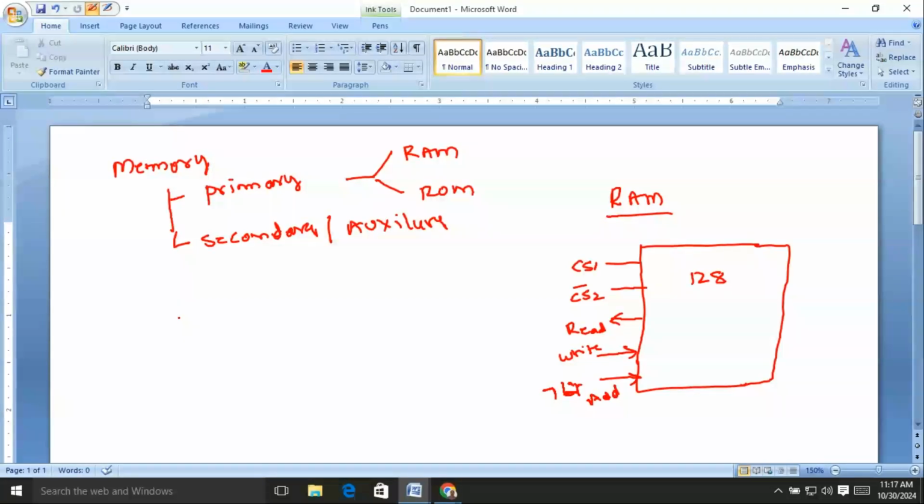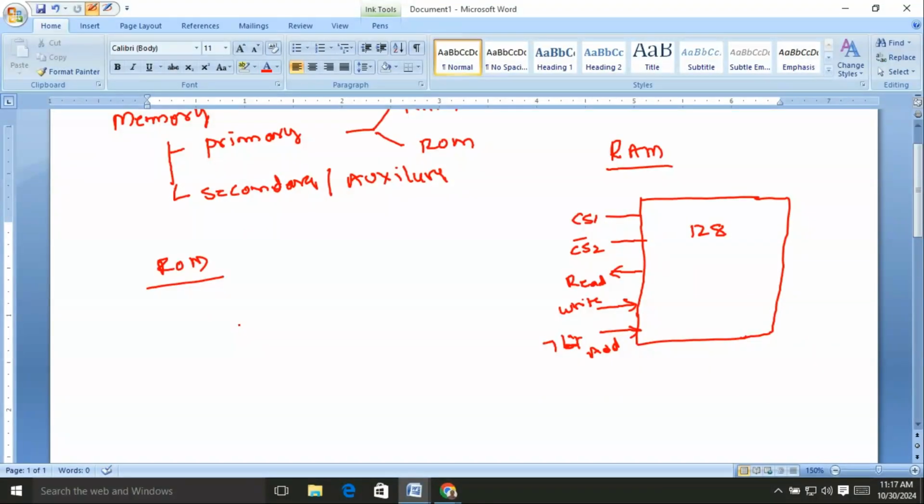Now we are discussing the ROM chip. The ROM is also considered a primary memory. As its name represents, this is the read-only memory. That means the contents within the ROM can be extracted to the outside for execution, but we are not going to write anything into the ROM.